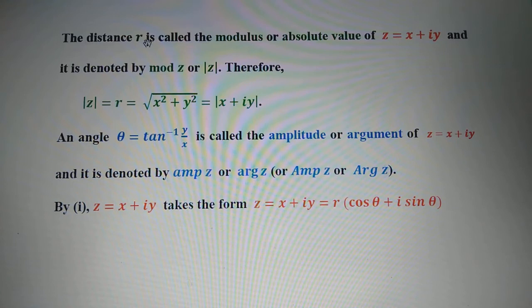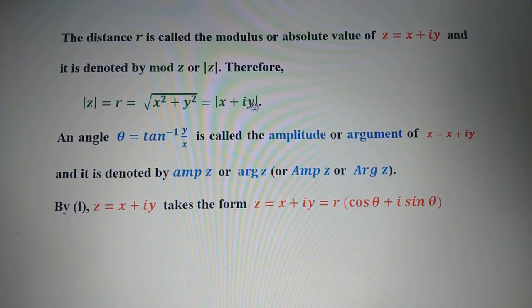The distance r is called the modulus or absolute value of z equal to x plus iy, and it is denoted by mod z. Therefore mod z, what is that value? It is r, and it is equal to square root of x square plus y square. That is mod of x plus iy.